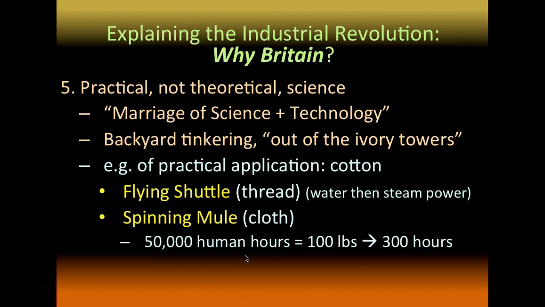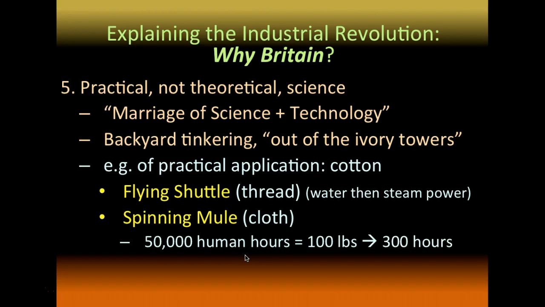And then it was steam power. So they would burn coal and boil water to create steam, and that would end up making this machine move. So the flying shuttle really is helpful in speeding up the production of cotton thread, rather than manual wheels, which take a really long time.